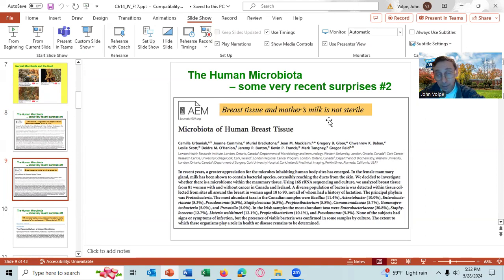And that helps the baby pick up its normal microbiota for the gastrointestinal system, as well as help the baby in digesting food. So the normal microbiota in mother's milk is actually important for the baby to make sure that the gastrointestinal tract is colonized with the correct microbes.